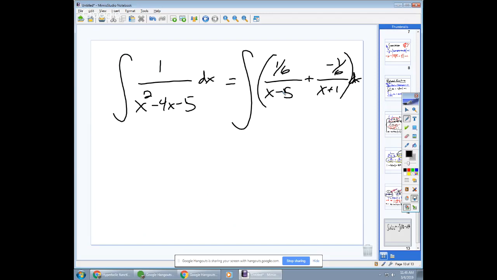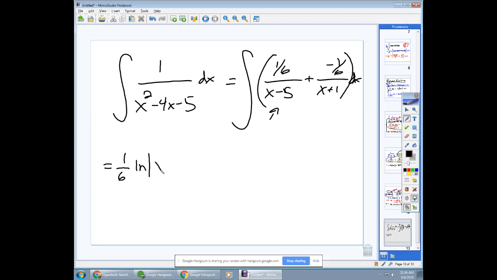So I broke it down into two easier fractions to deal with. So antiderivative, well, for the first part here, 1/6 is just a constant. What's the antiderivative of 1 over x minus 5?